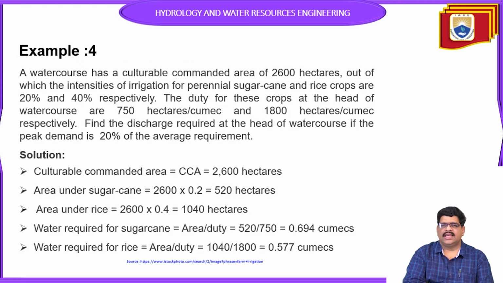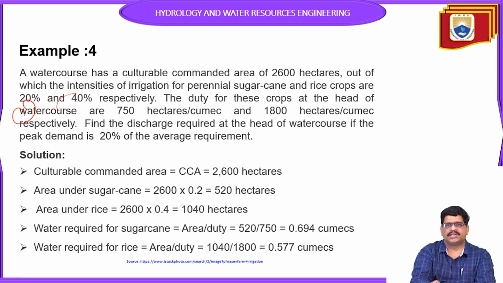Next, let's see another example. A water course has a cultivable command area of 2,600 hectares, out of which the intensities of irrigation for perennial sugarcane and rice crops are 20% and 40% respectively.